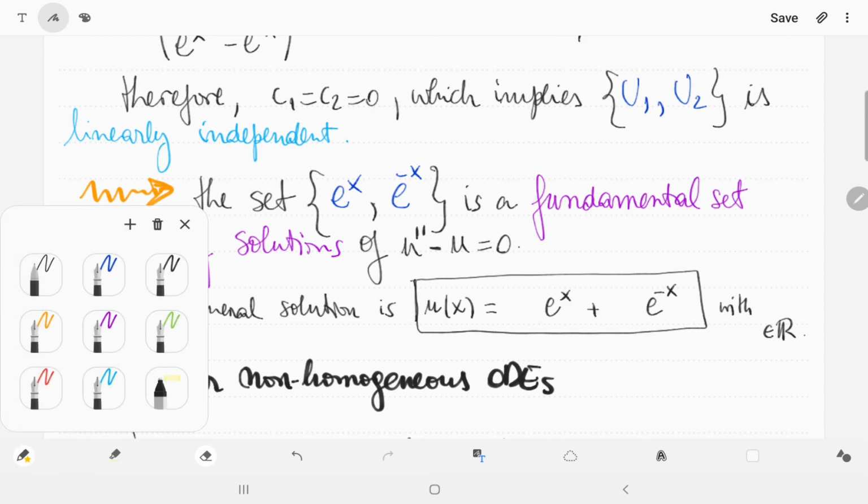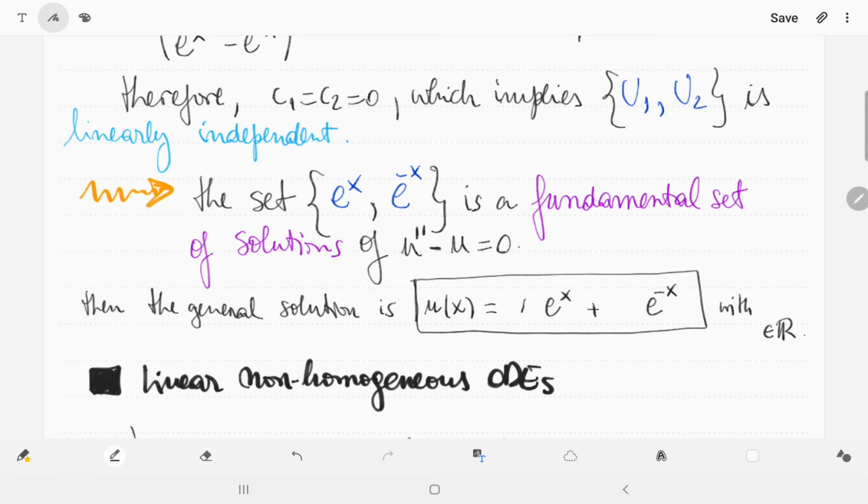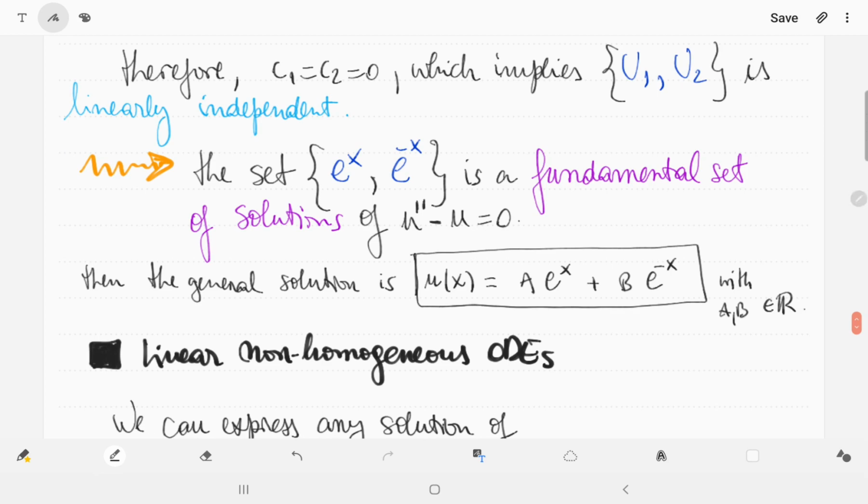Let's put A and B in R. But hopefully this is clear.